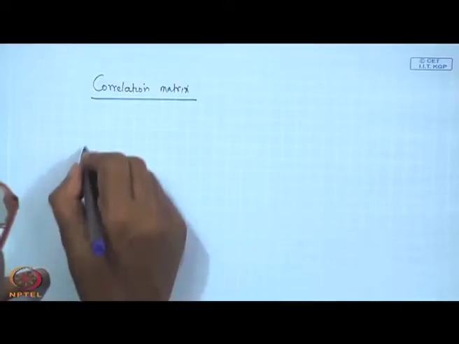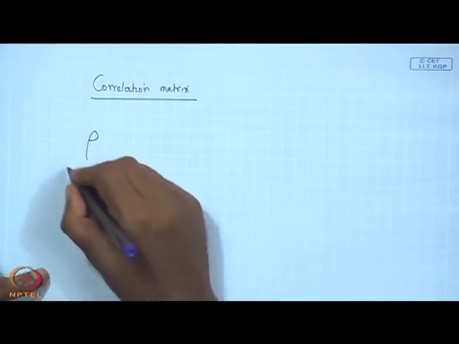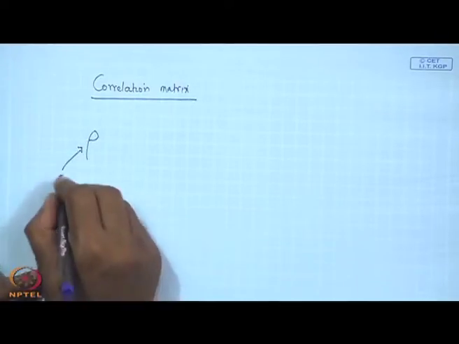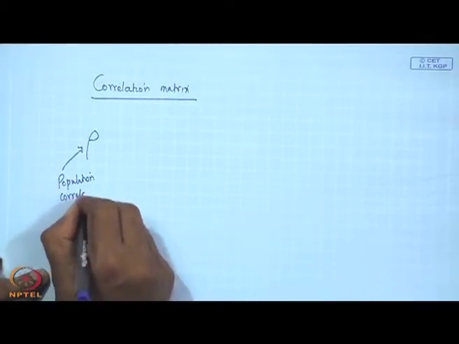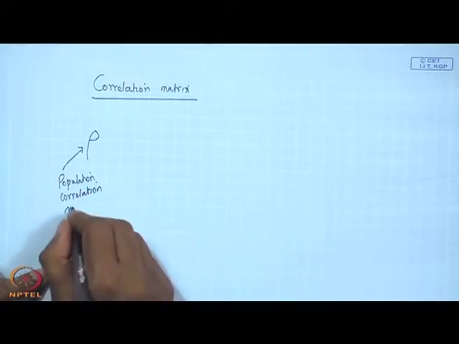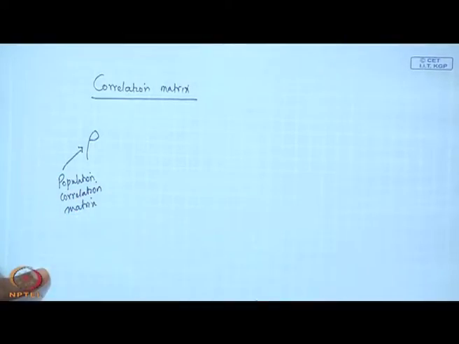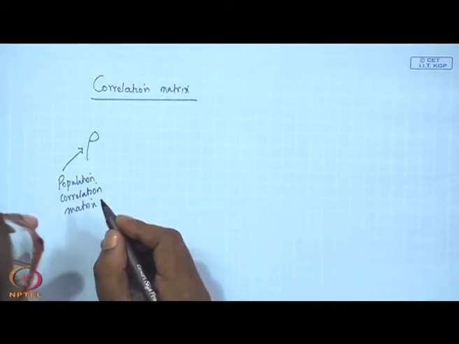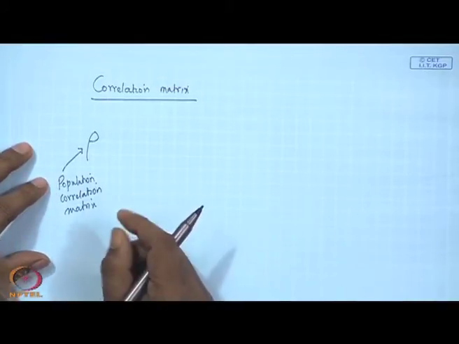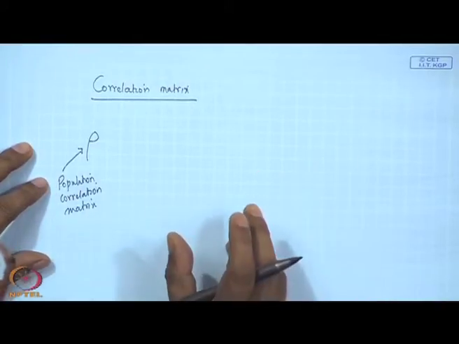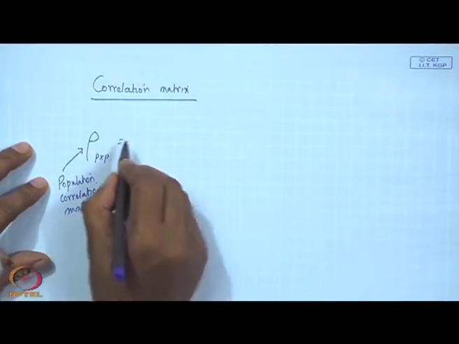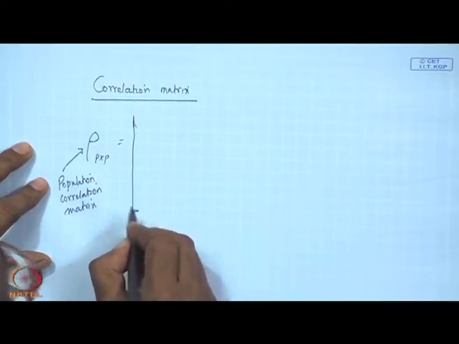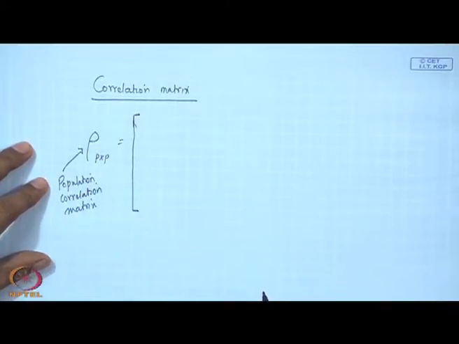Now, the population correlation matrix is denoted by rho. This is the population correlation matrix, correct. If there are p variables, basically what I mean to say is that if the population is characterized by p variables, then you will get a p cross p matrix for the population correlation matrix, like p cross p for the population covariance matrix.